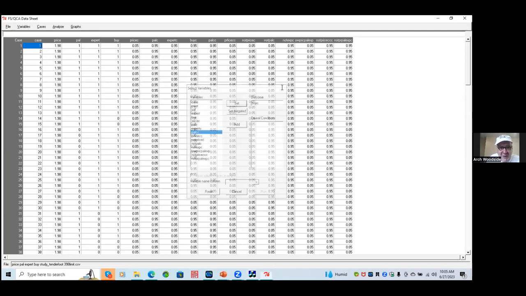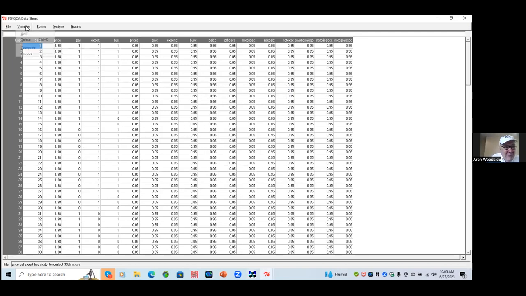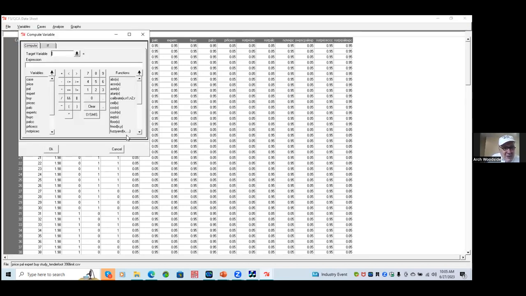So before we do that, that's variable compute, and compute the negation for buy. Bring up the not into the expression line, and then bring up buy, and then we're going to put not buy.